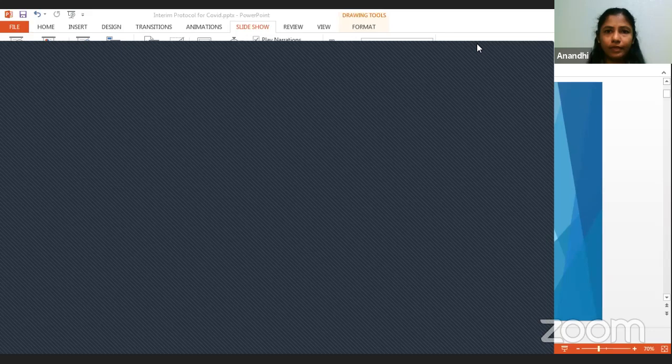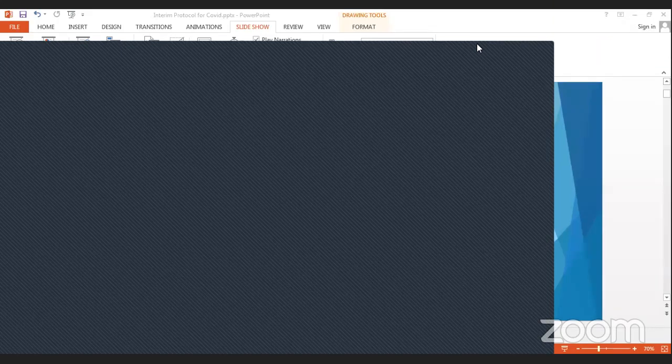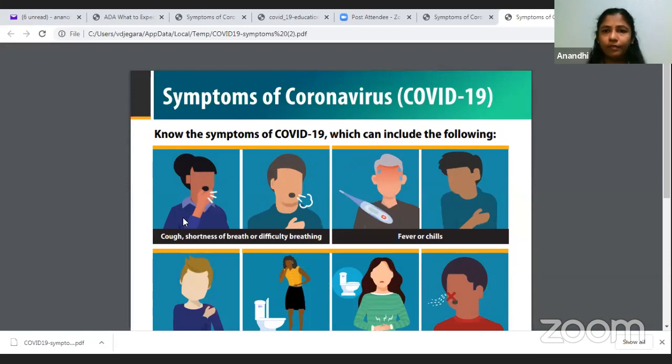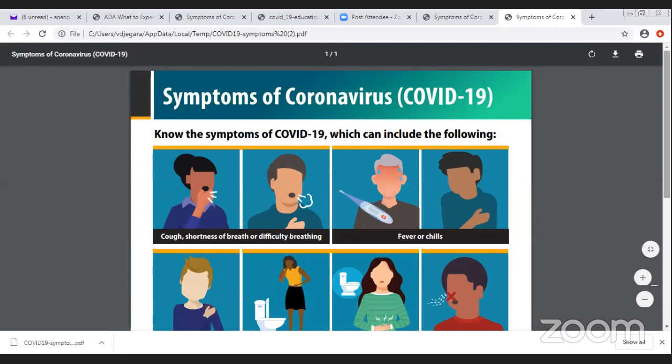Share it from a different window, then return back. You can see now. Yes, we can see. Okay.